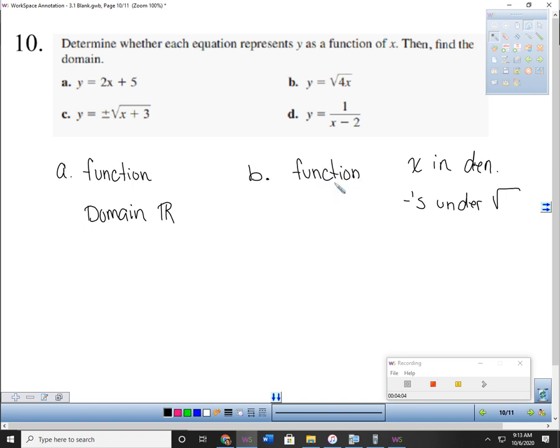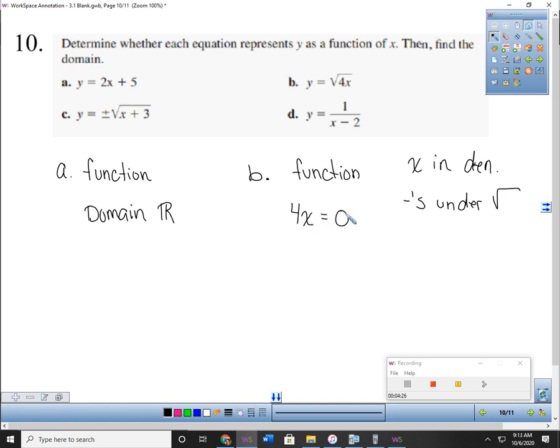Now, do we have any problem areas where our x is at? We have an x underneath a square root, correct? And the smallest number you can have under a square root would be what? 0. So what you're going to do is you're going to take that that's underneath and you're going to set it equal to 0.